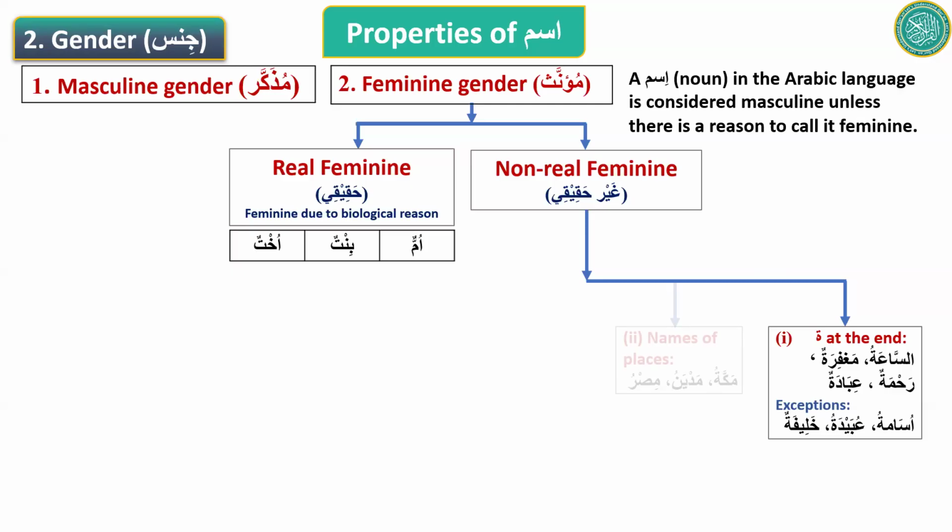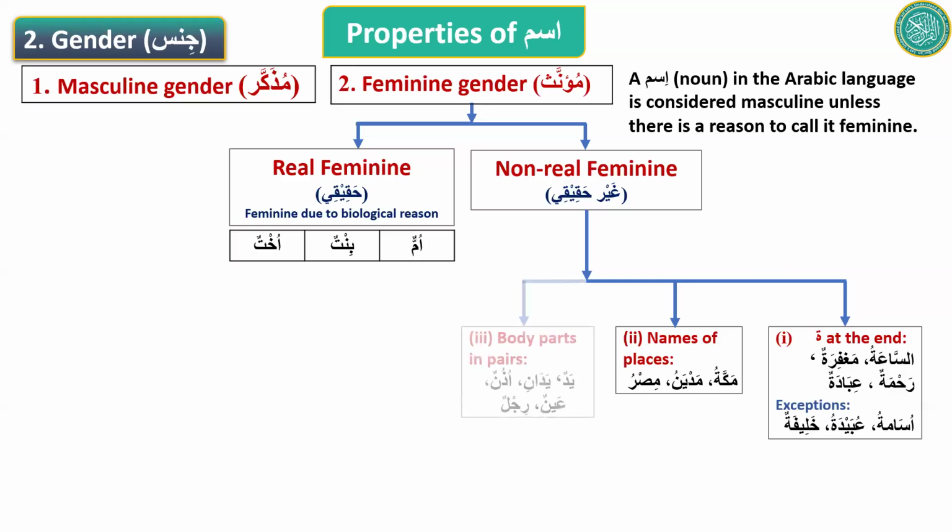Then we learned the second reason: names of places, proper names of places. They will be feminine. Body parts in pairs, like hand, foot, ear, eyes. The body parts which come in pairs, singular or both of them, will be feminine.